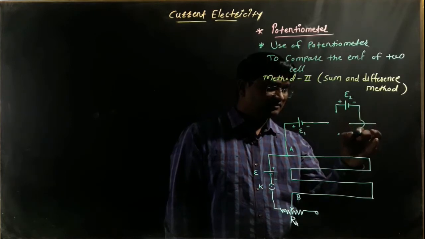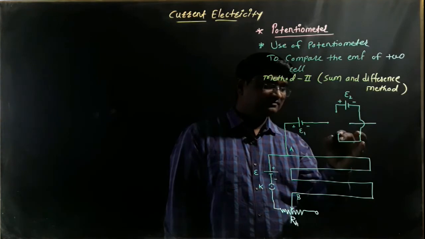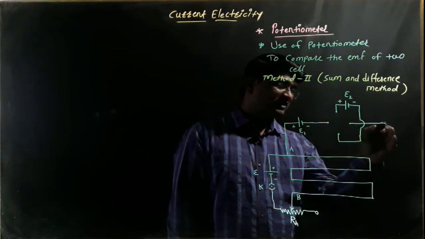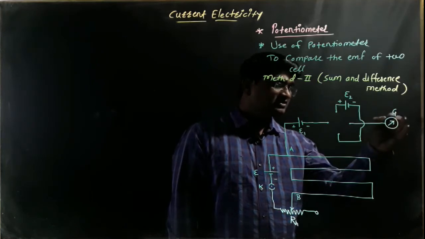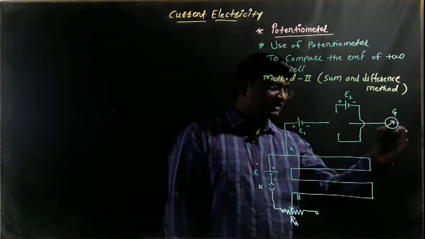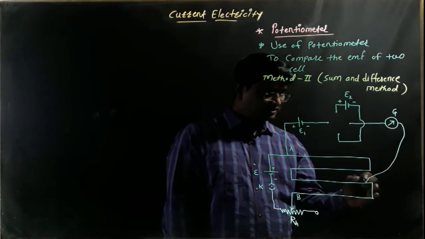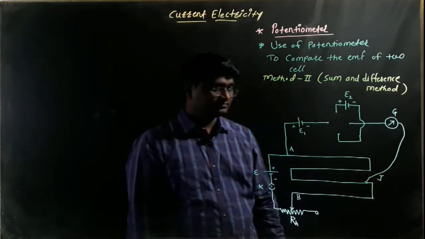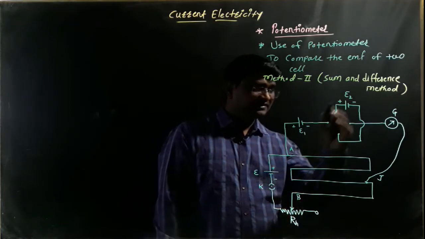They are connected together through the 4 terminal key, and another end of the 4 terminal key is connected to the galvanometer, whose resistance will be denoted by G, and the other end of the galvanometer is connected to the jockey, denoted by J. This is the complete circuit.